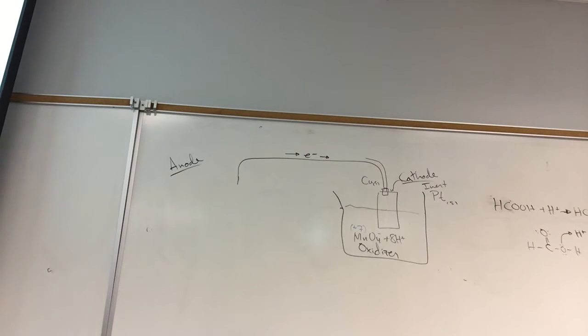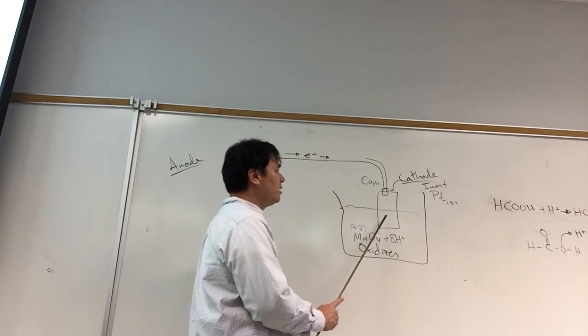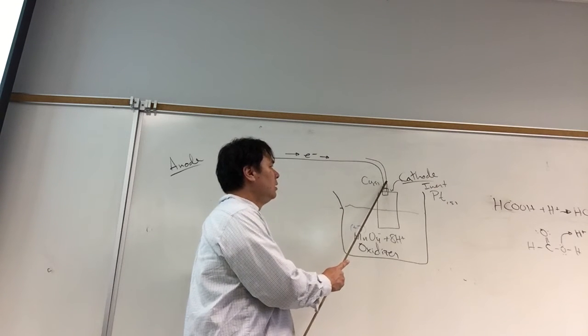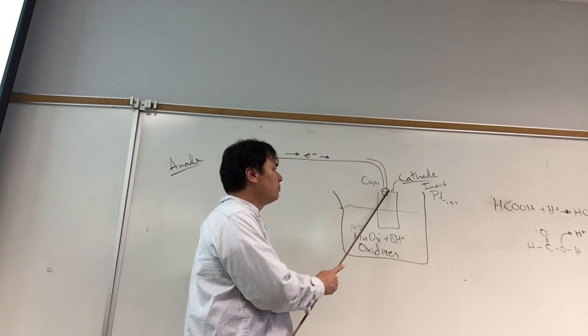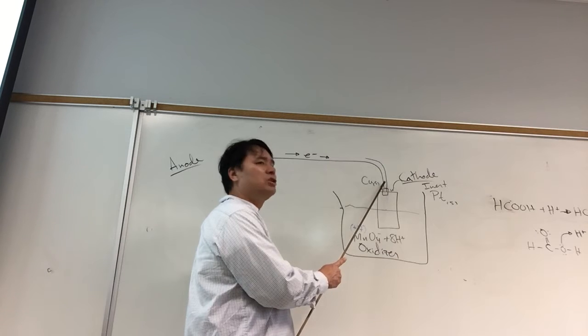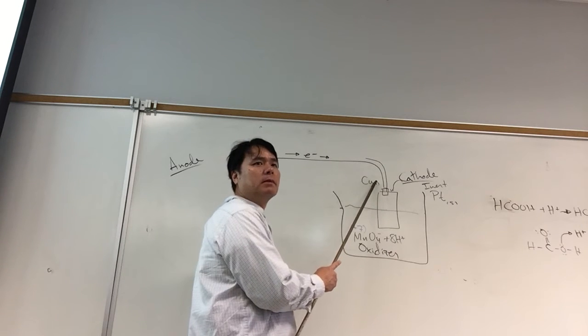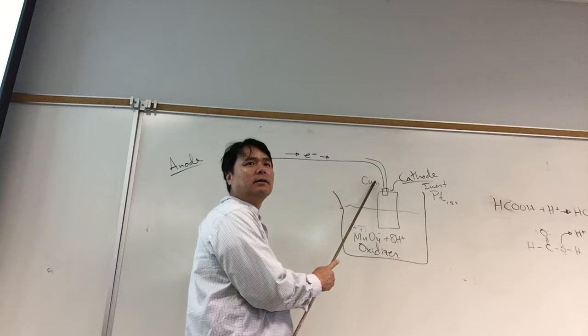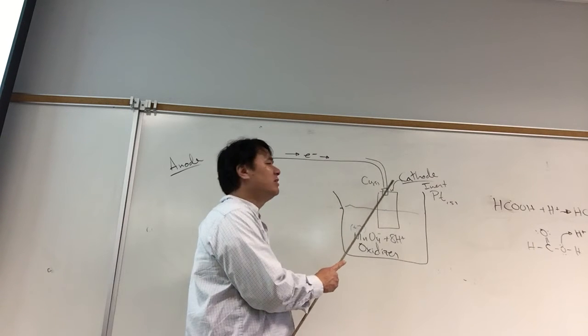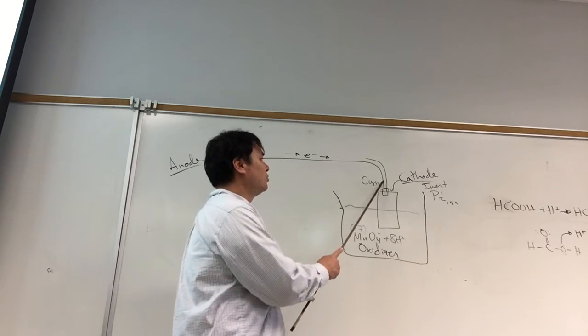And therefore, when permanganate and H+ is pulling on electrons in platinum, platinum in turn is going to try to pull them from copper. And it should be able to pull them from copper. But it doesn't. Why? Well, one thing is the copper has a plastic coating on it.